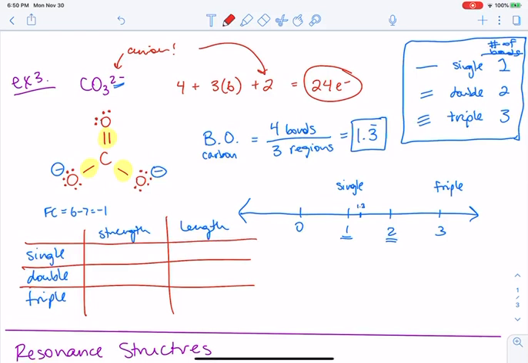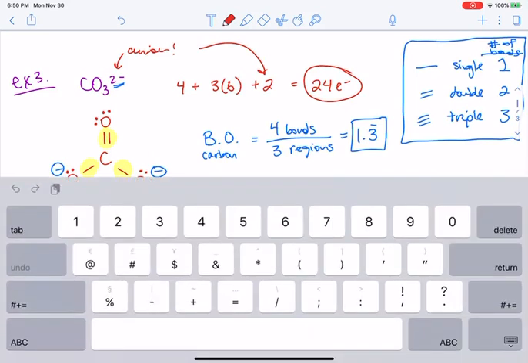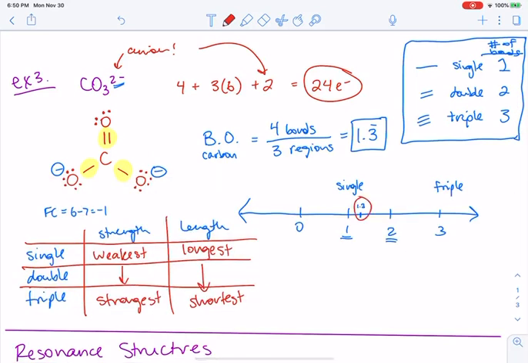So the single bond is generally going to be your weakest, and the triple is going to be your strongest bond, right? But the length, the single bond is generally going to be the longest, and the triple bond is going to be the shortest. So a bond order of 1.3 means that these carbon-oxygen bonds in carbonate are somewhere in between a single and double bond.